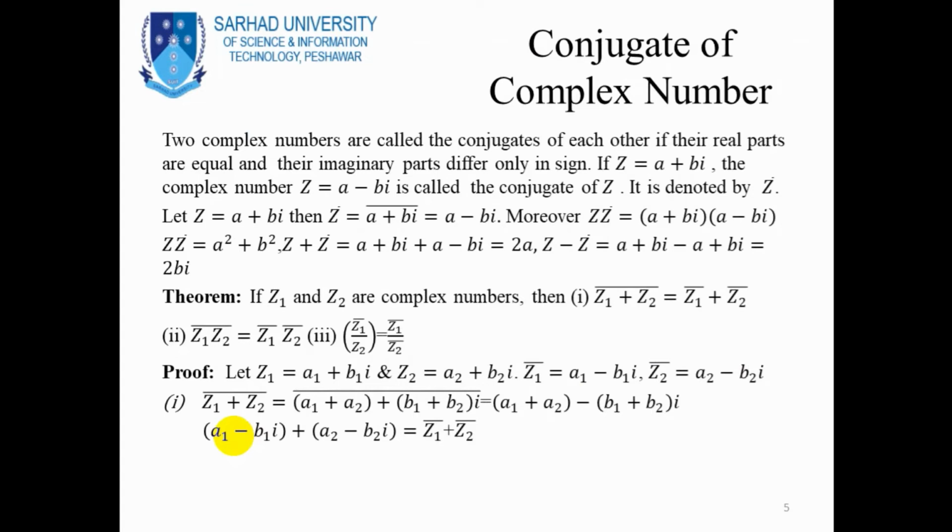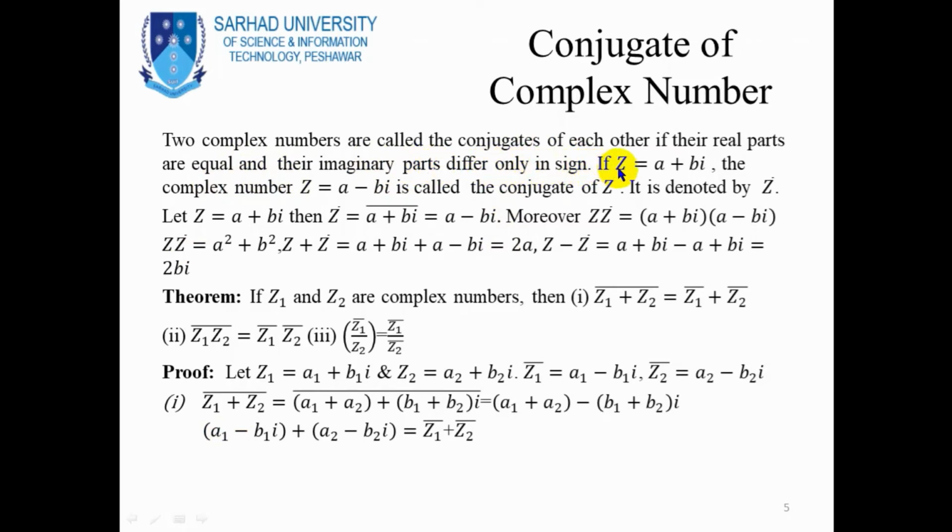Now the conjugate of a complex number. I have already told you that for the conjugate of a complex number, you change the sign of the imaginary part. This will be the conjugate of the complex number. Two complex numbers are called conjugates of each other if their real parts are equal and their imaginary parts differ only in sign.